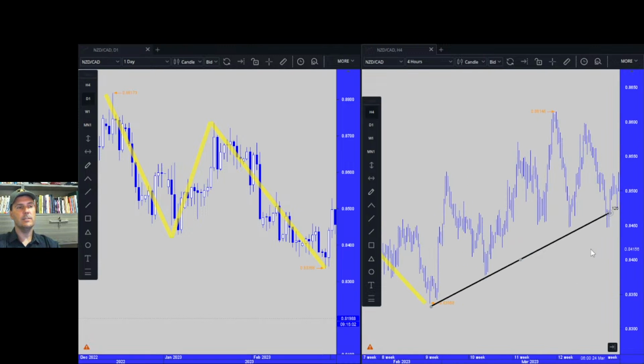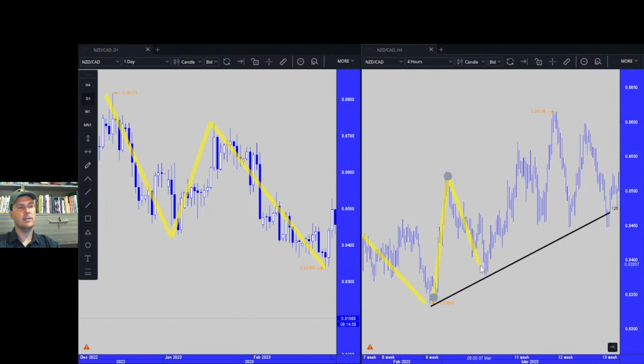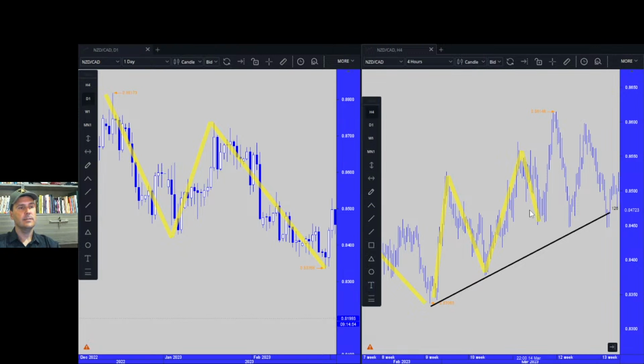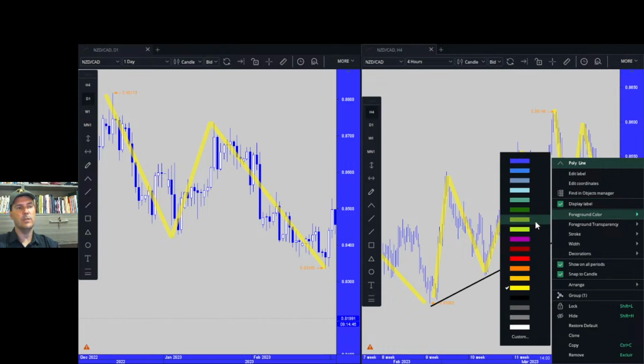Do we agree that the market on the 4-hour chart was making higher highs, higher lows, higher highs, higher lows, but then it made a high, a lower low, lower high, and a lower low, and broke the uptrend line? Do we agree?